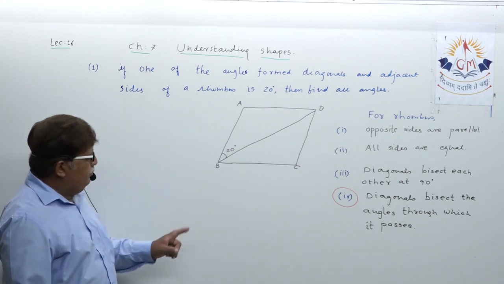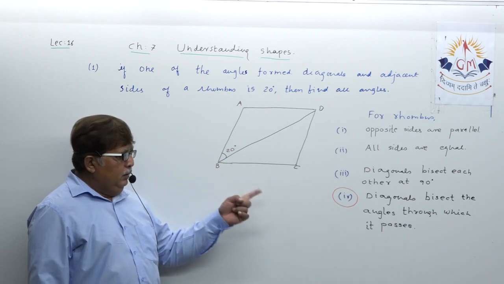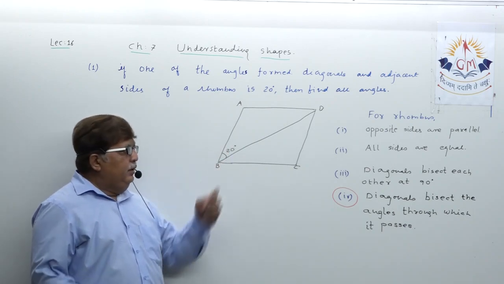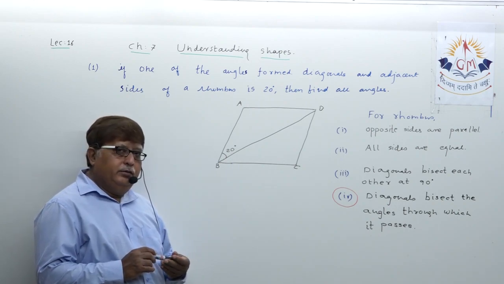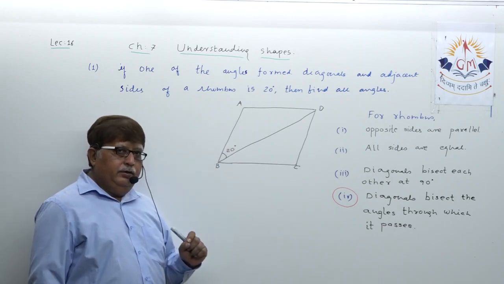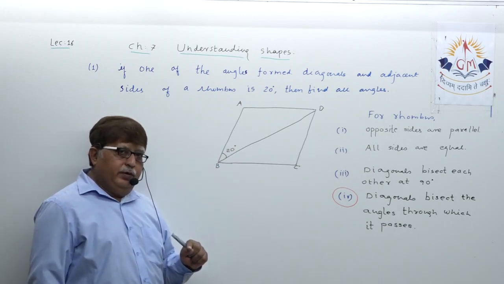The very first thing, what this property suggests: diagonals bisect the angle through which they pass.